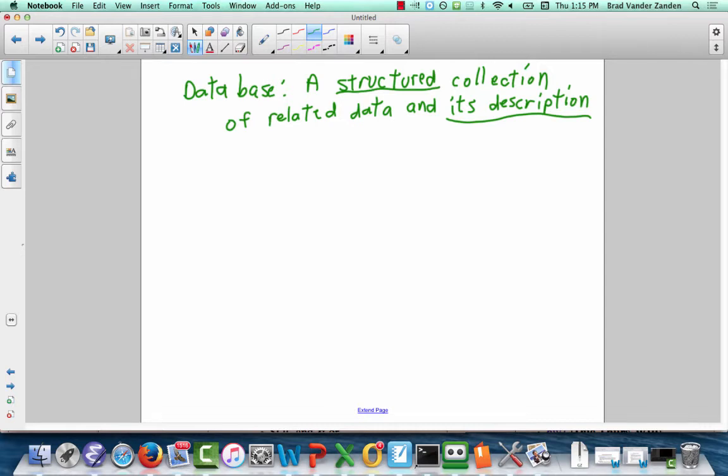Databases do have one important drawback. They don't work well with unstructured data. There's been a lot of research into other ways of organizing data when it's not structured. For example, there's object-oriented databases. Unfortunately, we will not get to them simply because we do not have time. I only have time to go over the most common and widely used type of database, which is a relational database, and it requires that the data be pretty structured.